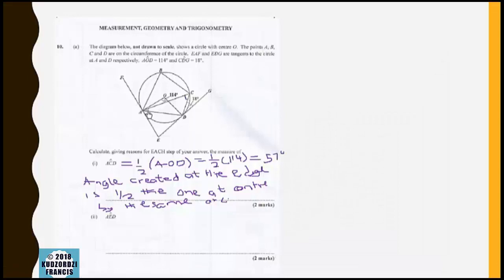Now we are calculating angle AED. You know this is a tangent, so this angle over here will be 90 degrees, and this one too will be 90 degrees. So the angle the tangent creates with the radii is 90 degrees each. And we know this is 114. We don't know this, so we are calculating it.